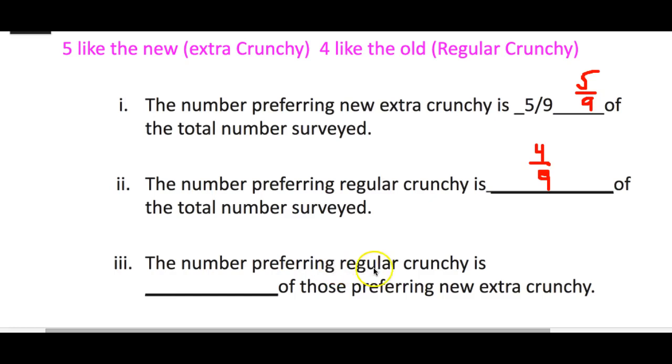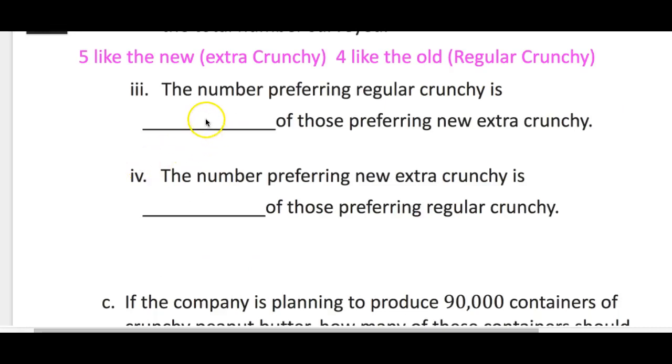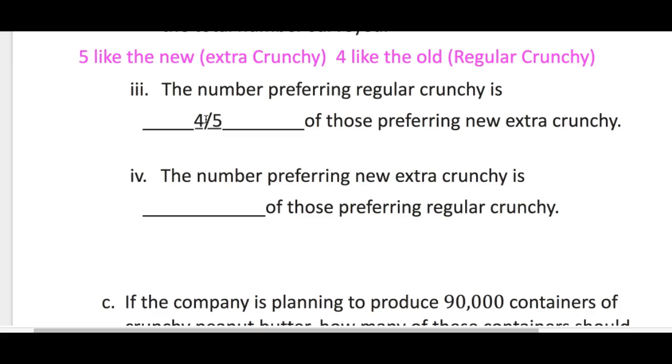The number preferring regular crunchy is, and here's our fraction, of those preferring new extra crunchy. Well, that one would be 4/5. So that reads, the number preferring regular crunchy is 4/5 of those preferring new extra crunchy.